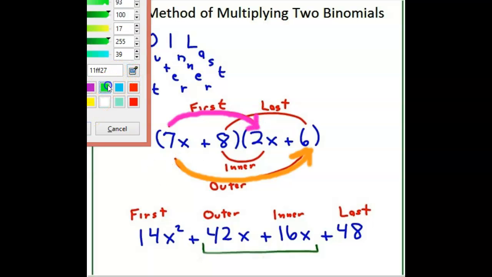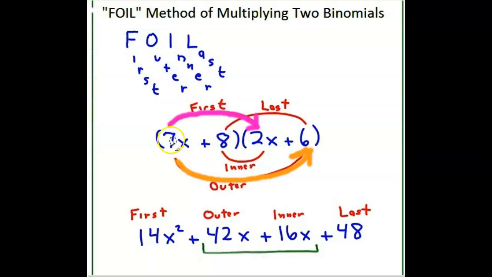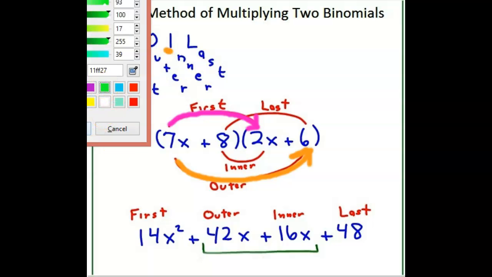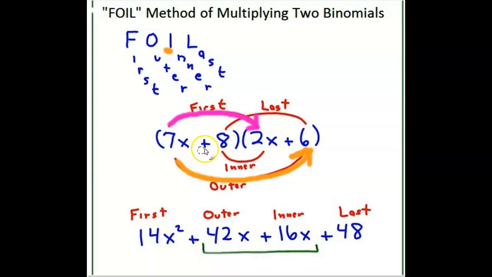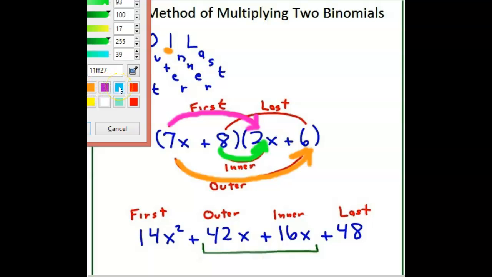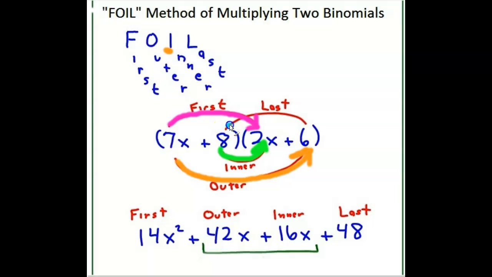Then inner with the inner. And then the 2 lasts go together. So 7x times 2x get 14x squared.